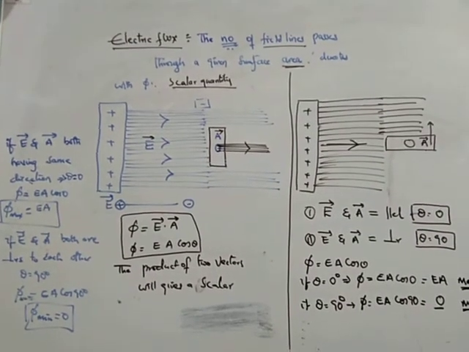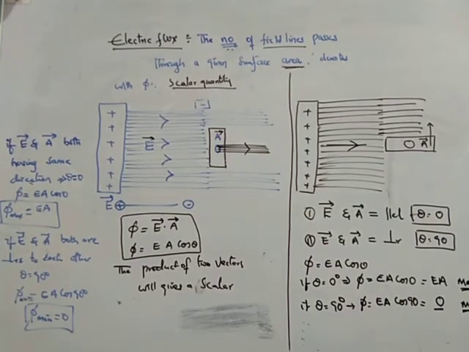So when will it be a maximum and when will it be a minimum? If E and A both have the same direction, then theta will be equal to 0. According to the definition, flux is equal to EA cos theta. Cos 0 is equal to 1. Then the flux will be a maximum.